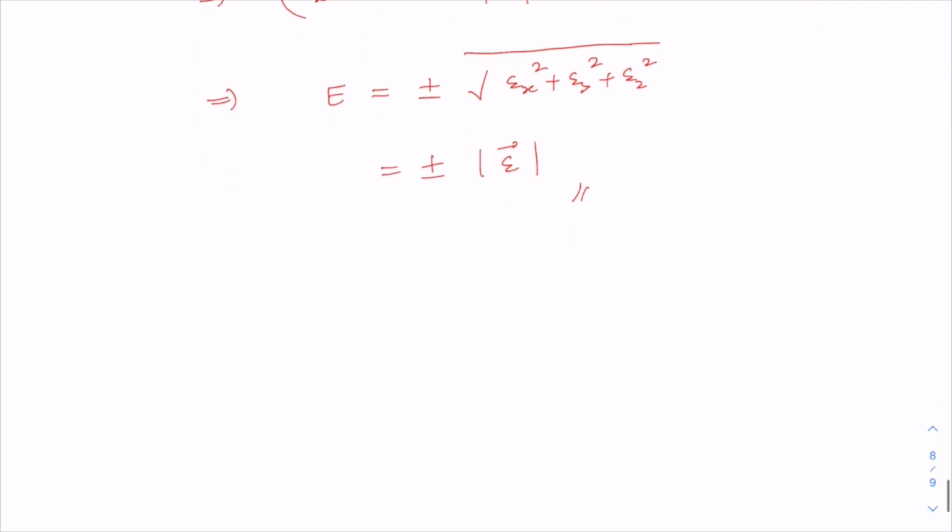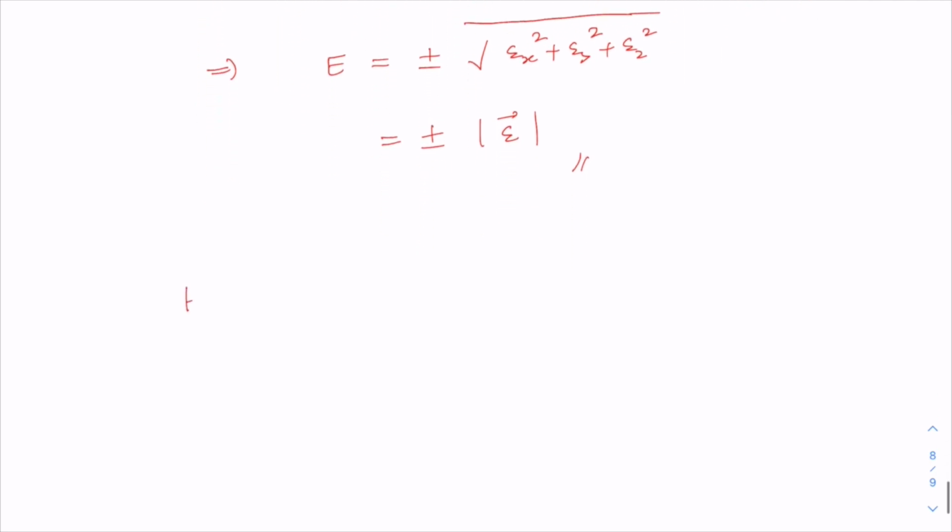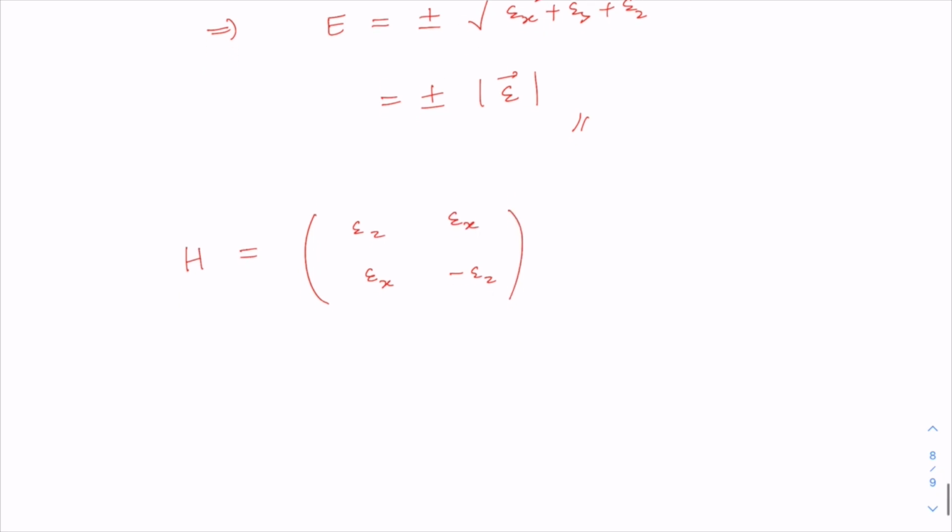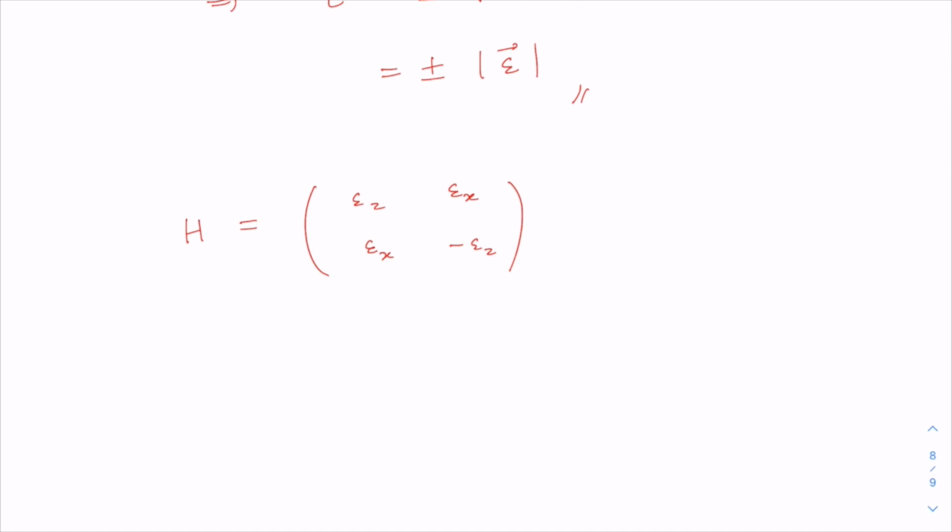Now let us consider a two-level system with a Hamiltonian like this. Say we have epsilon z, minus epsilon z on the diagonal, and now non-zero off-diagonal elements epsilon x. Let me consider epsilon y to be 0, and then the eigenvalues of this Hamiltonian would be plus minus square root of epsilon x square plus epsilon z square.